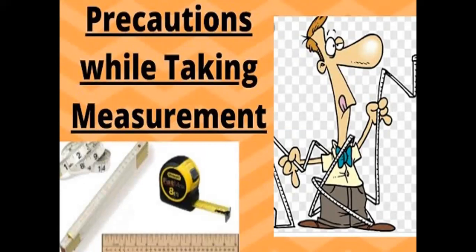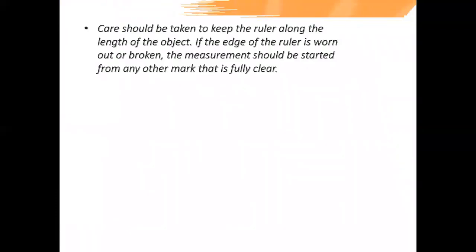Precautions while taking measurement. There are many precautions while taking measurement, but in this chapter we will learn only three. First, care should be taken to keep the ruler along the length of the object. If the edge of the ruler is worn out or broken, the measurement should be started from any other mark that is fully clear.